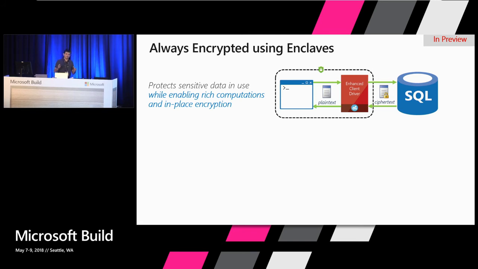So what it means is that the SQL Server instance, the database system, whether it's on-premise or in the cloud, never has access to that data that is protected with this feature in plain text. And it doesn't have access to the keys encrypting the data either. What this implies is that you can pretty much put this database in an untrusted environment, if you will.